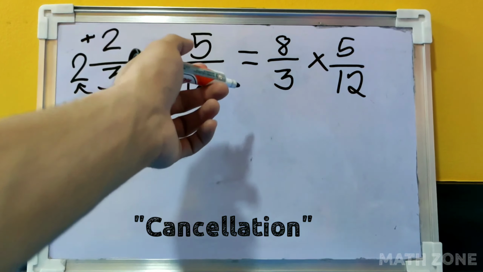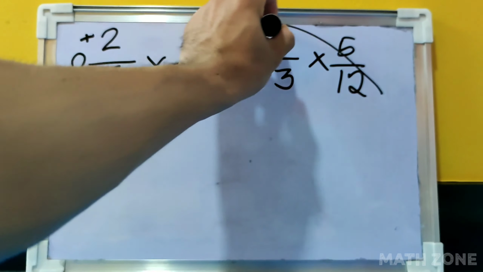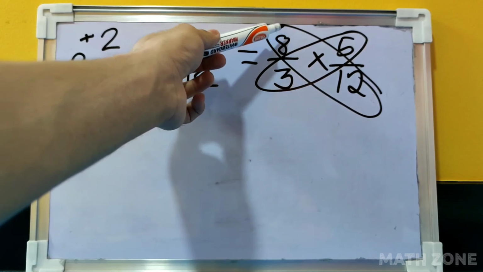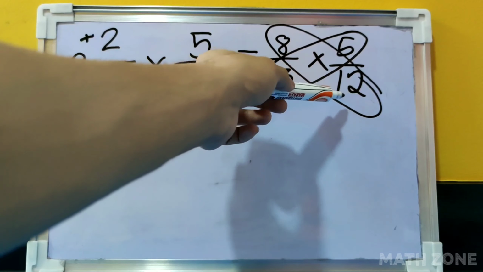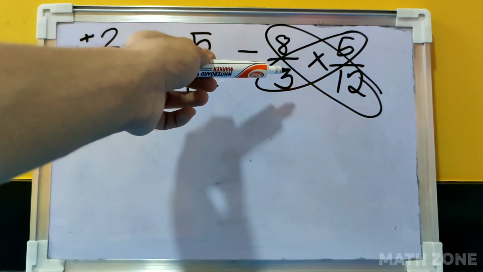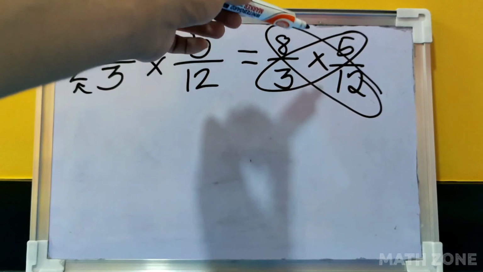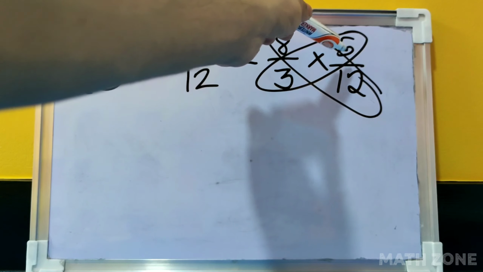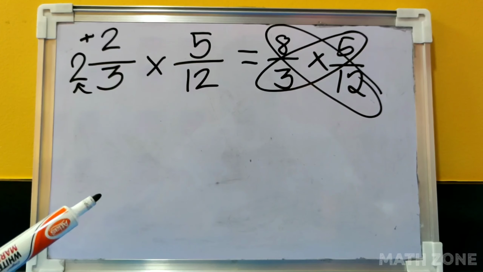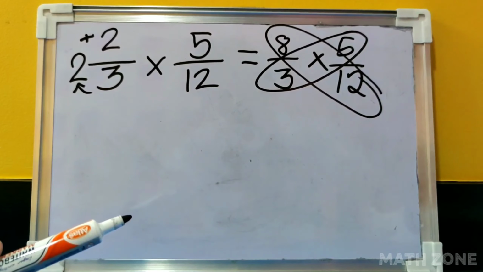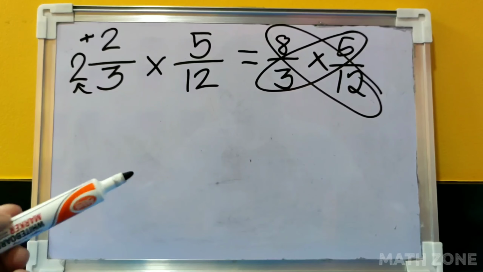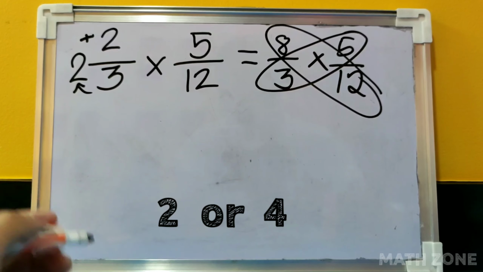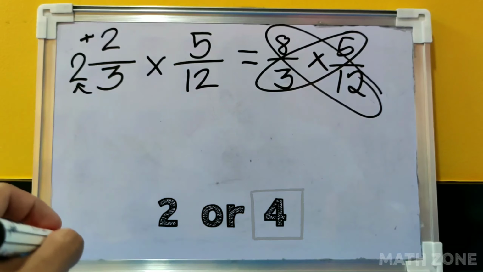So when doing cancellation, we simply find common numbers that can divide the numerator of the first fraction and the denominator of the second fraction. We also find a common number that can divide the denominator of the first fraction and the numerator of the second fraction. So notice in our equation here that 8 and 12 can be divided by either 2 or 4. But 4 is the highest number, so we divide them by 4.